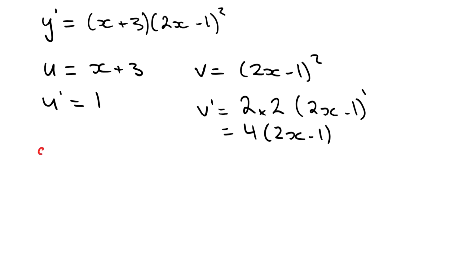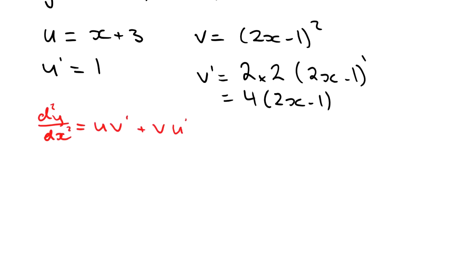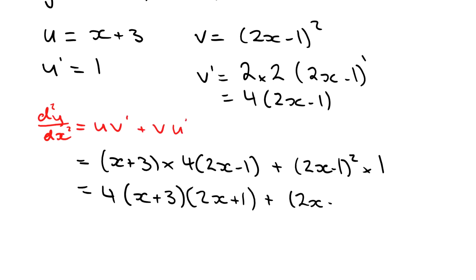Now remember, in this case, dy/dx equals uv' plus vu'. So we have (x plus 3) times 4(2x minus 1), plus (2x minus 1) squared times 1.